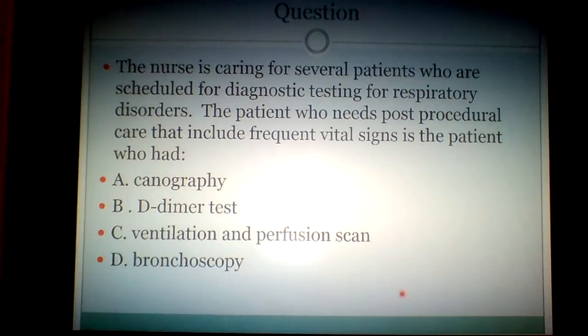I like to use a process of elimination when I am thinking about NCLEX questions. So capnography, you're flipping through your pieces of paper wondering what she said it was. Yes, it is the measurement of the amount of carbon dioxide in the bloodstream. Okay. D-dimer test. I remember she said that the D-dimer was testing the activity of thrombin and plasmin.